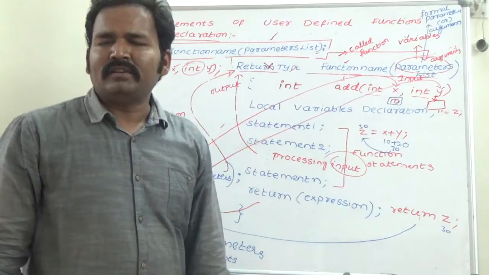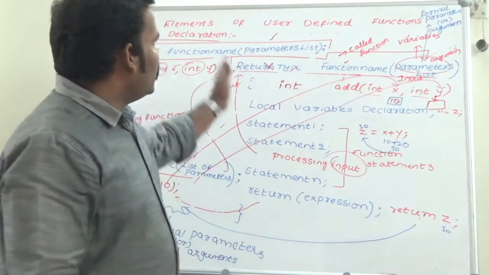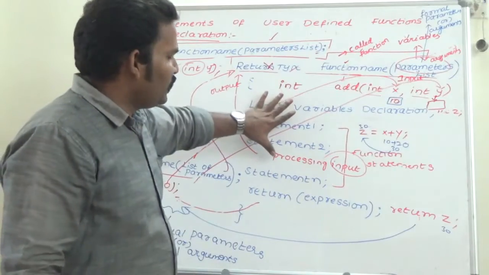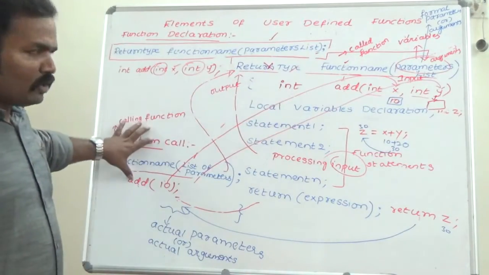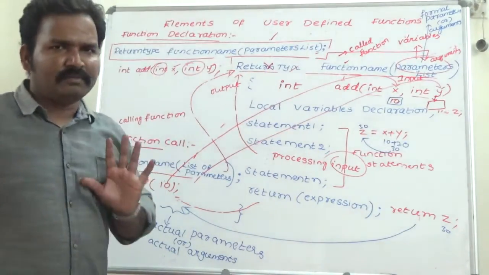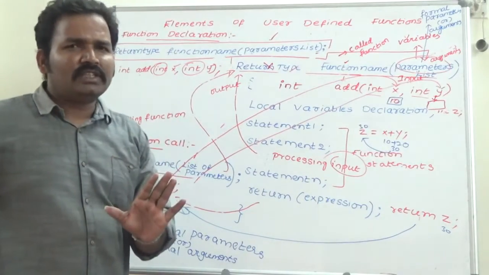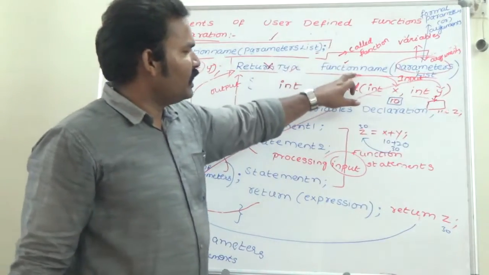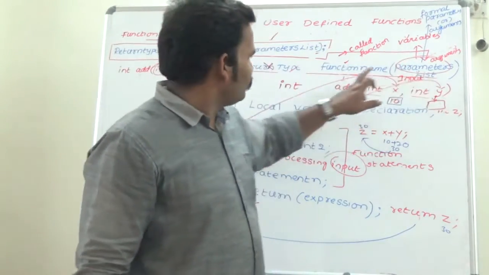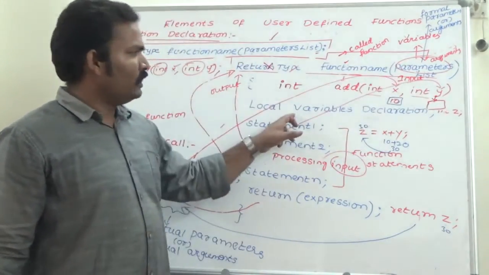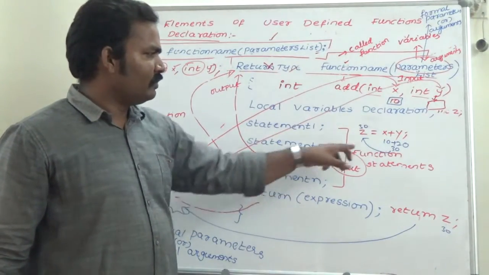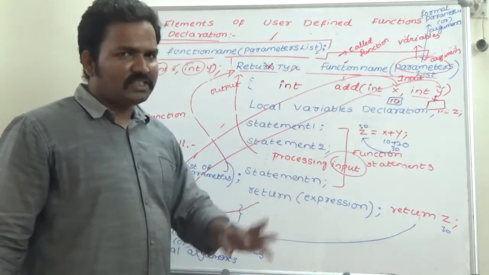So this is about user defined functions, how to create a user defined function. Elements of a user defined function: there are 3 elements, function definition, function call, function declaration. Function definition consists of 6 elements: return type, function name, parameter list, opening brace, closing brace, local variables declaration, statement 1, statement 2, statement n, function statements, return statement.